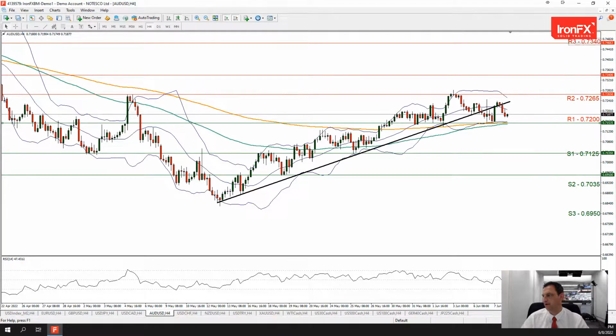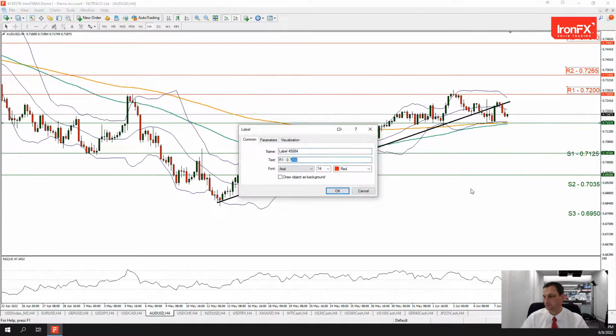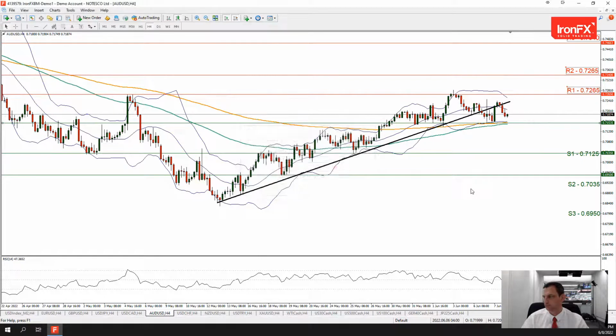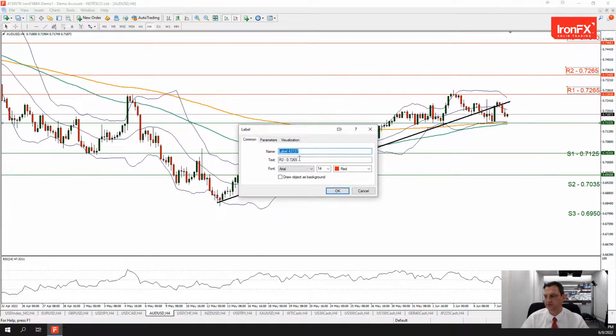So you have 1, 2, 3 resistance lines, with the first one being set at 0.7265. The R2 being placed at 0.7340.